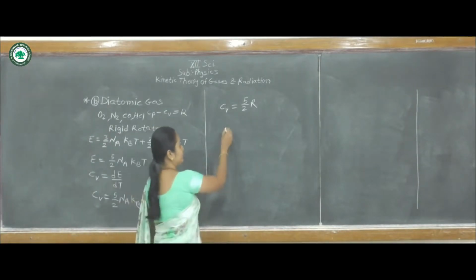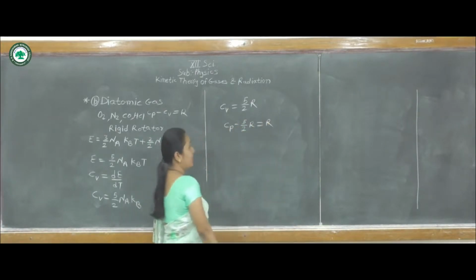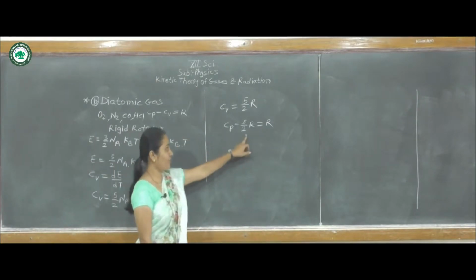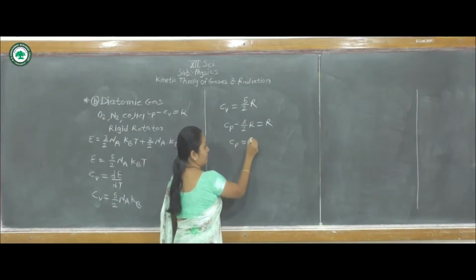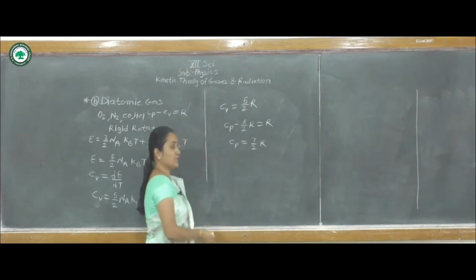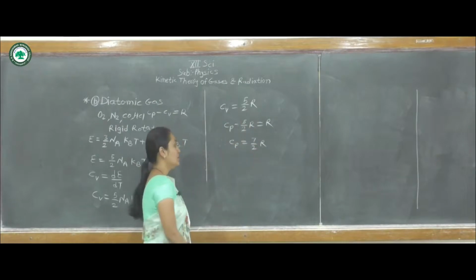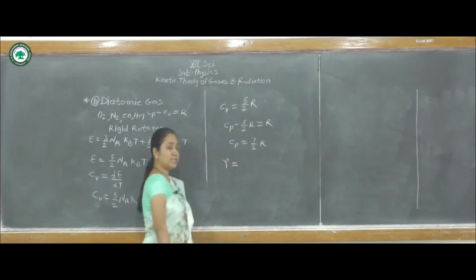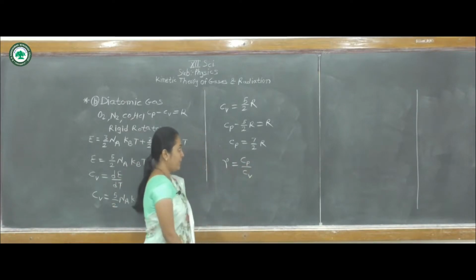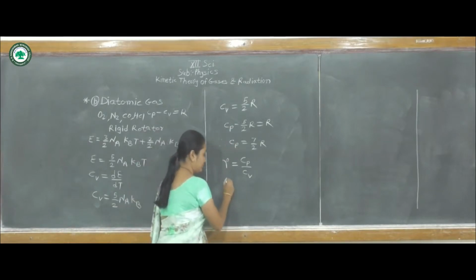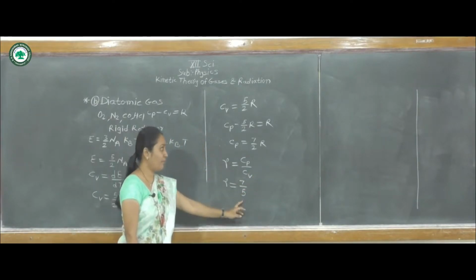We can write Cp minus, instead of Cv, 5 upon 2 R is equal to R. So we get Cp is equal to 7 upon 2 R and Cv is 5 upon 2 R. So the ratio of the two specific heats, that is gamma, is equal to Cp upon Cv. From this, gamma is equal to 7 upon 5.